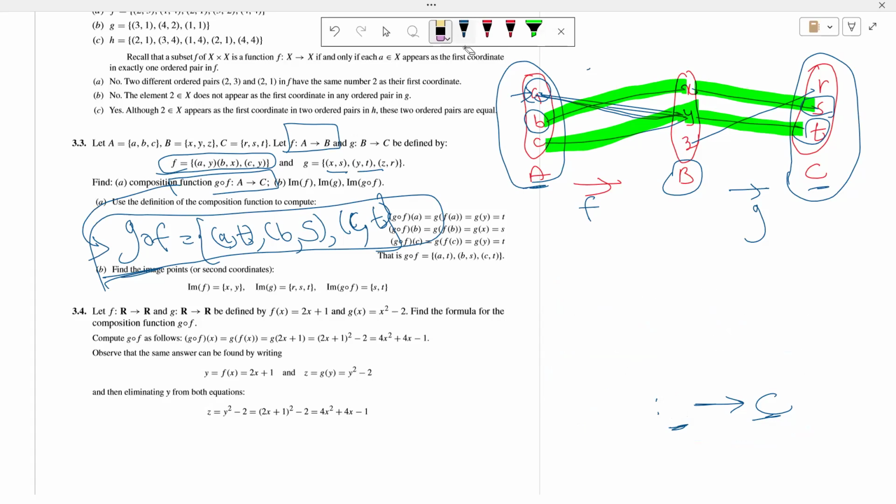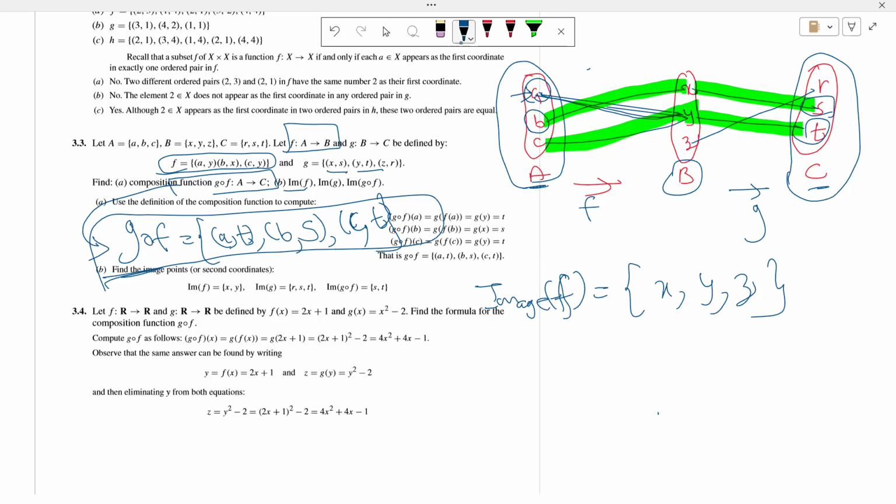Now they are asking for the image of f. So tell me, what is the image of f? X, Y, Z. Is it correct if I write this way? f is a function from A to B, right? We need to think about the codomain elements of function f.